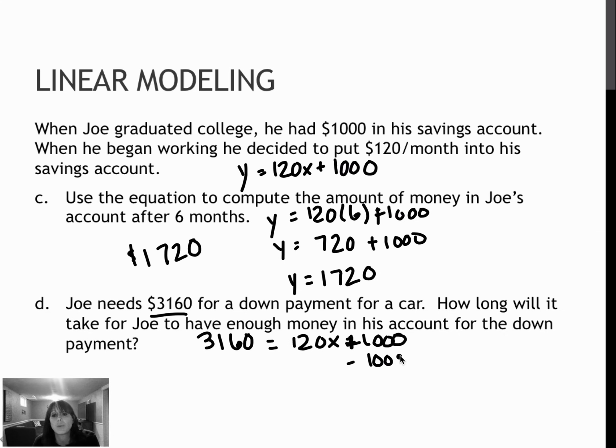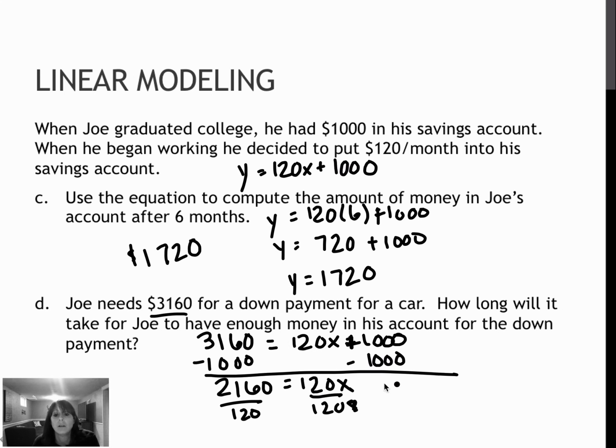I'm going to subtract 1,000 to give me 2,160 equals 120x. I'm going to divide by 120, not 120x, just 120. I'm going to get 18, which means after 18 months of savings, Joe will have enough money in his account to have the down payment on his car.